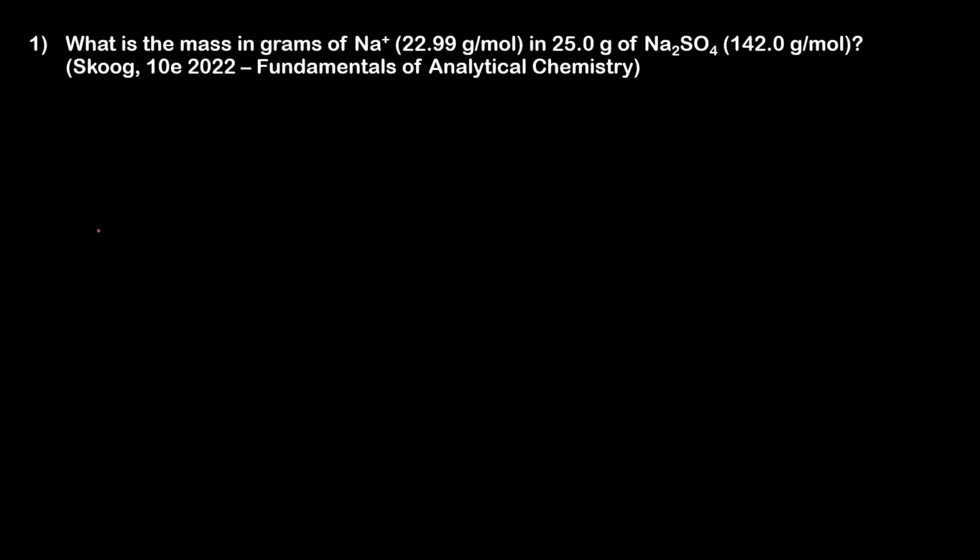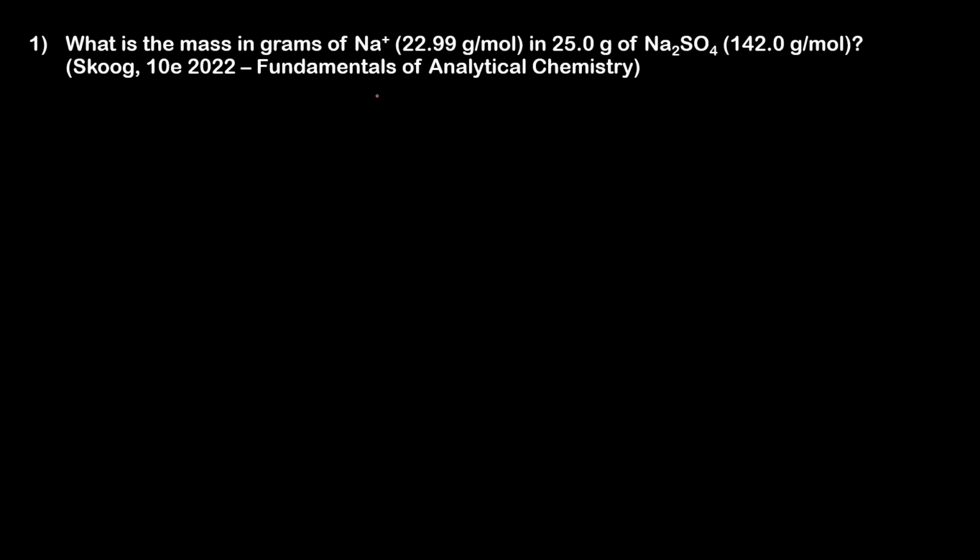Okay, so for number one, we have here, what is the mass in grams of sodium ion, which has a molar mass of 22.99, in 25 grams of sodium sulfate, or Na2SO4, with a molar mass of 142 grams per mole.